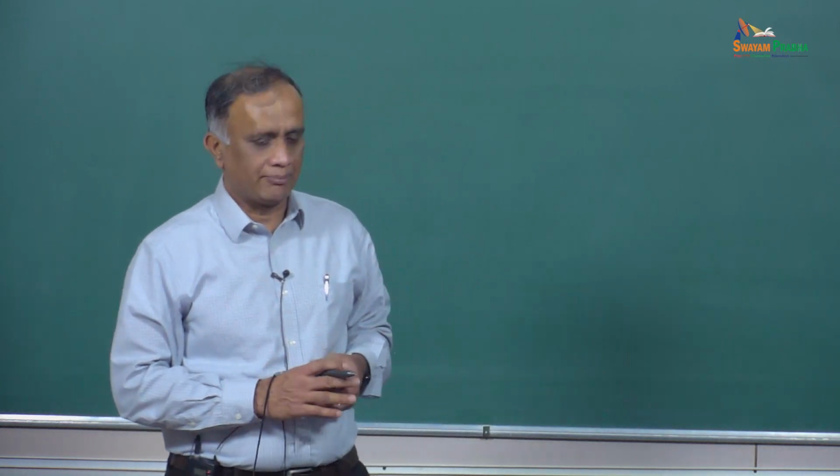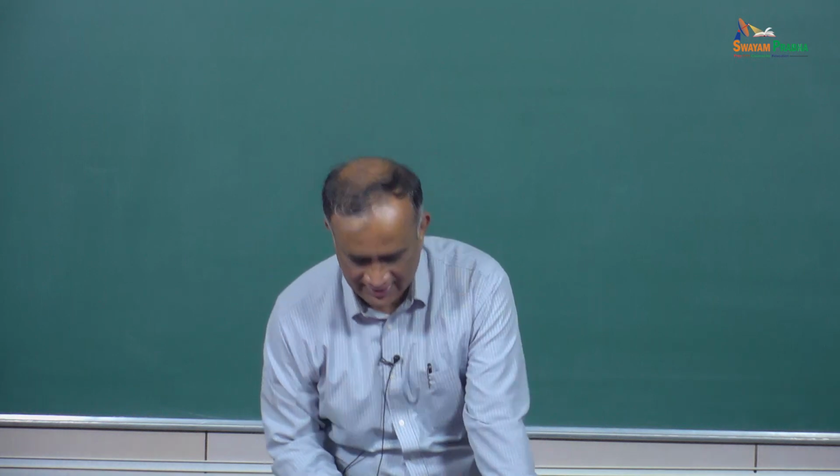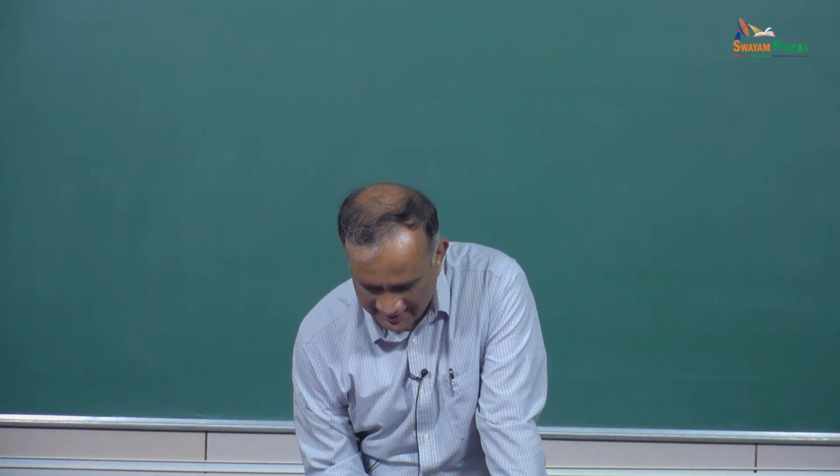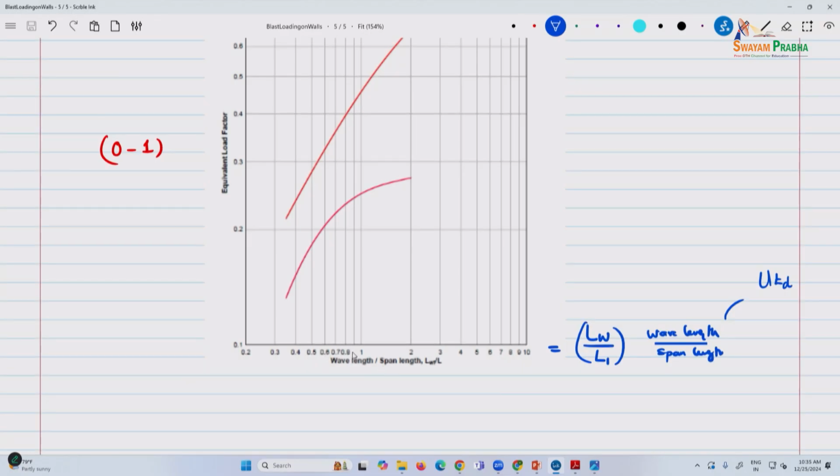It does decrease over time. As you see, in a numerical sense, your span length will never approach your wavelength. So often you might be fairly low, let us say even if you go 0.5, those factors you are looking at are in the range of somewhere 0.3 to 0.35. You will never be going into the very high ranges.